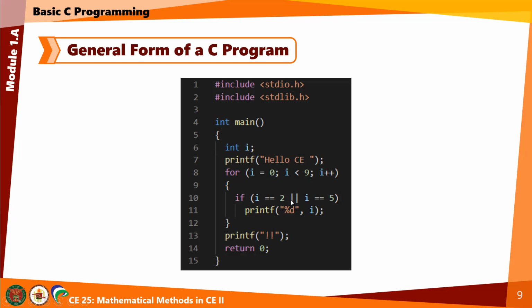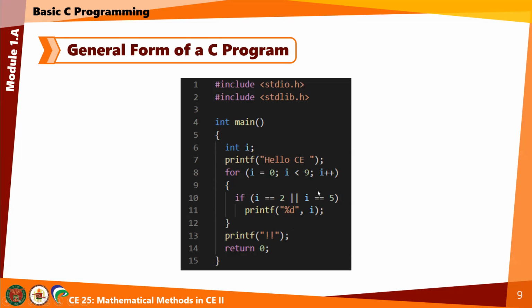Or hindi pa? So yung or statement, sinasabi niya na if either of this is true, then it will perform the print of i. Okay? Then it will perform this statement.